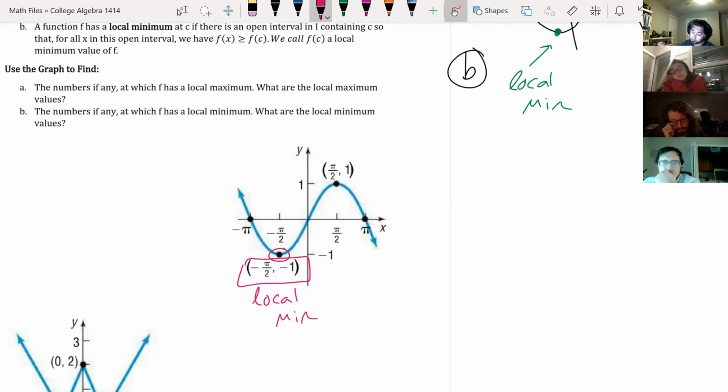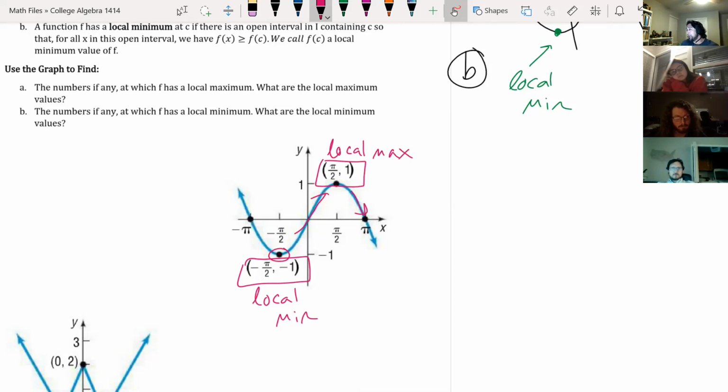And then the high point, pi/2 and 1, and again, the local maxes and mins occur where the graph changes direction. This goes from increase to decrease. This would be considered our local max.